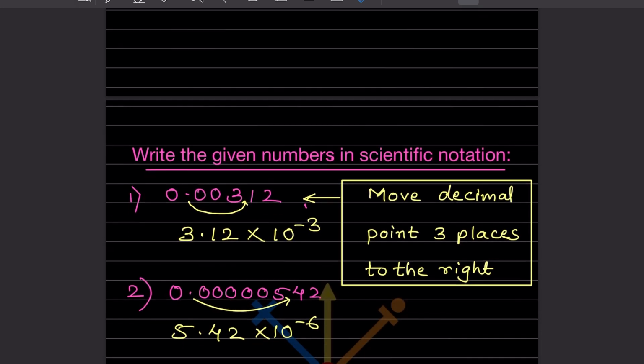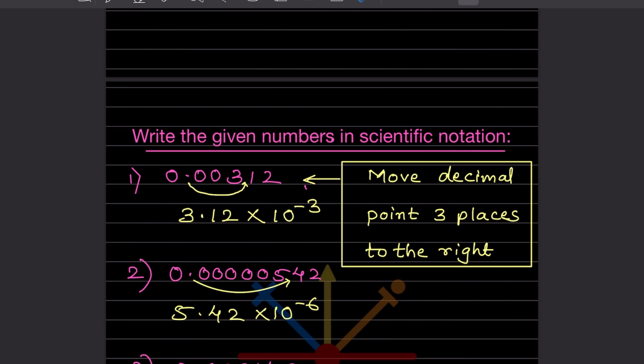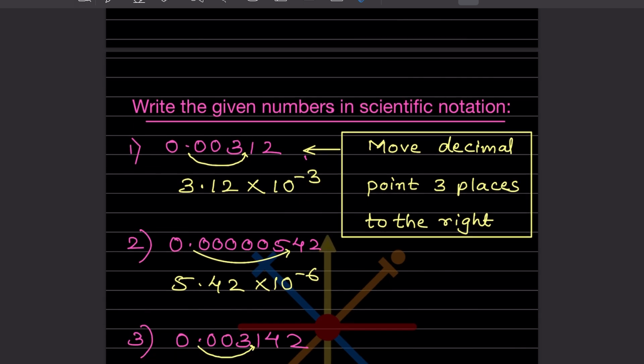Now we have to write these numbers in scientific notation. Whenever we want to write in scientific notation, see, this is the number given. Don't think about the zeros, this is the number 312. Whenever we have a number, we have to give a decimal point after one digit.